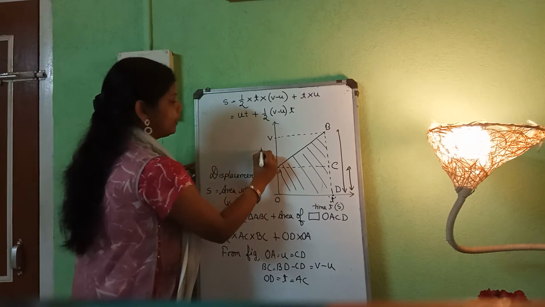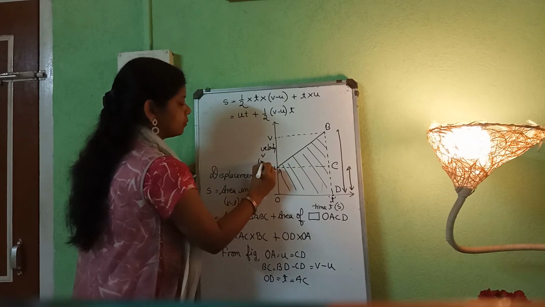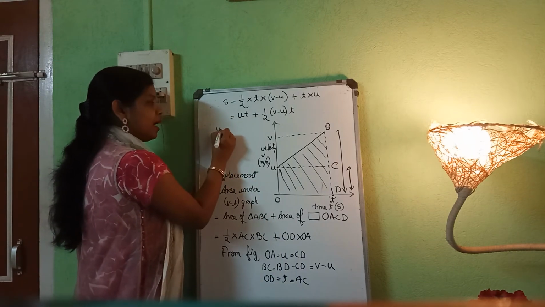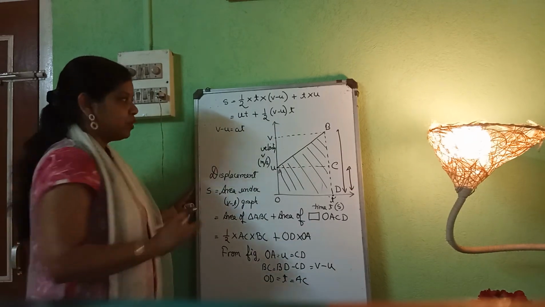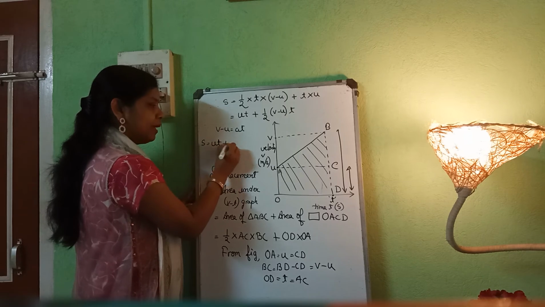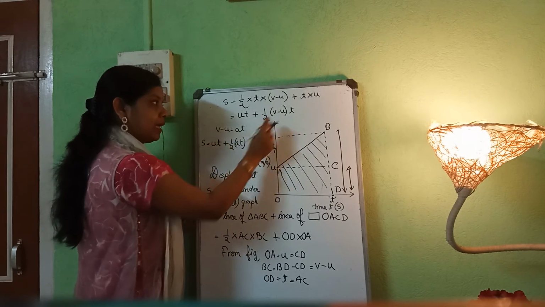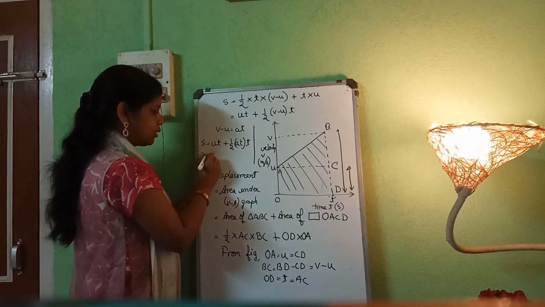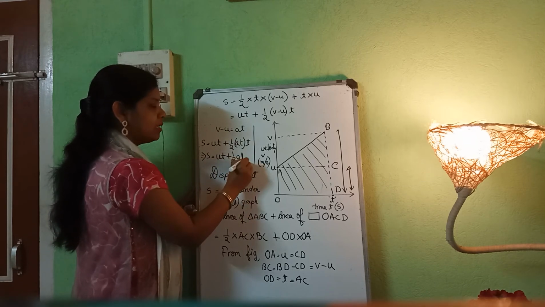Now since V minus U is equal to AT, from our previous derivation, if I substitute it here, S equals UT plus half of AT into T. So S becomes UT plus half of AT square.